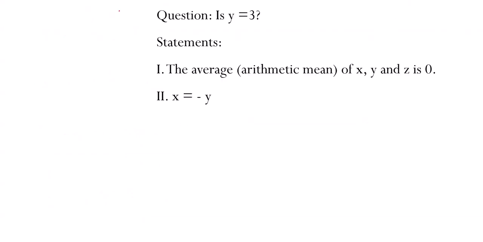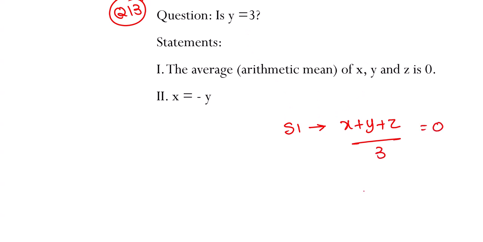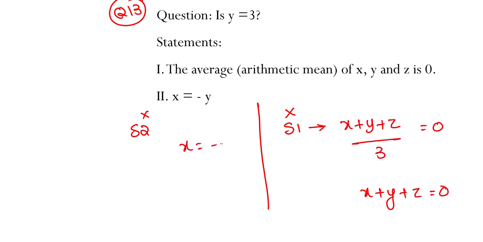Now, if you observe, this is data sufficiency. Is y value 3? To answer that, statement 1 alone: statement 1 says that the arithmetic mean, the average, is 0, means x plus y plus z divided by 3 equal to 0, means x plus y plus z equal to 0. With that, I cannot calculate the y value. Statement 2 alone also is no use, x equal to minus y.